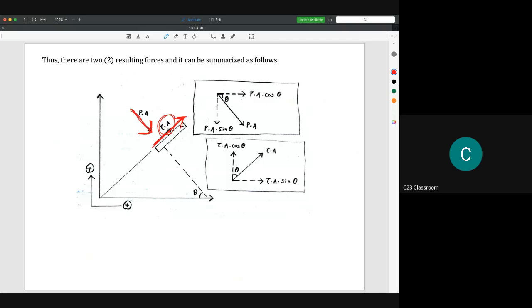Force is a vector, so we need to solve it according to its axis. Here we could split the force from the pressure into PA cos theta and PA sin theta, and at the same time the shear stress can be split into tau A sin theta and tau A cos theta according to its own axis.